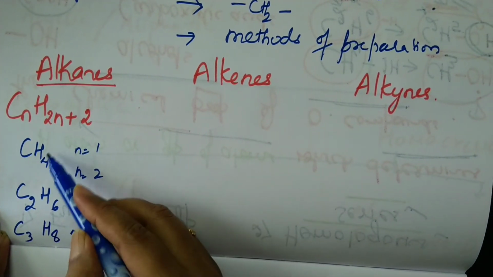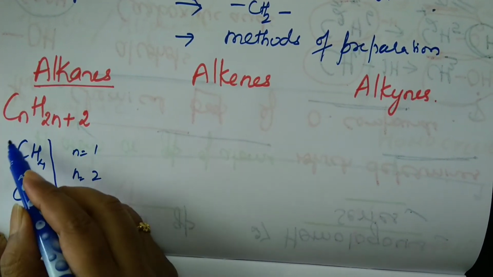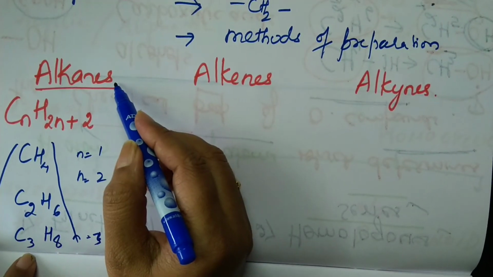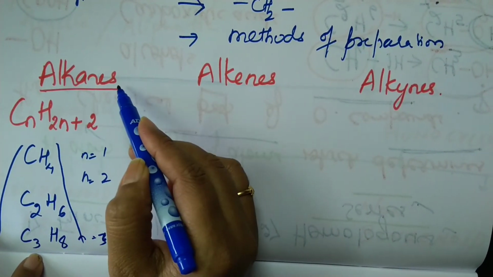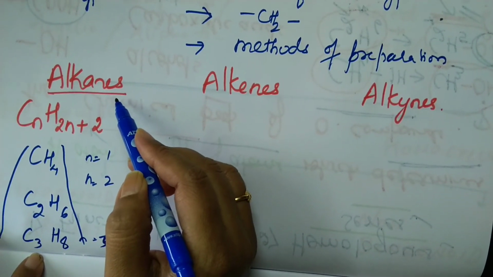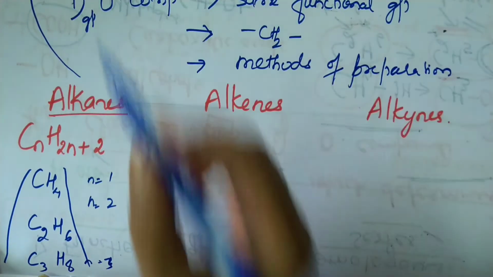So these groups of molecules are called a homologous series. Alkanes are a group of organic compounds which in general are called a homologous series.